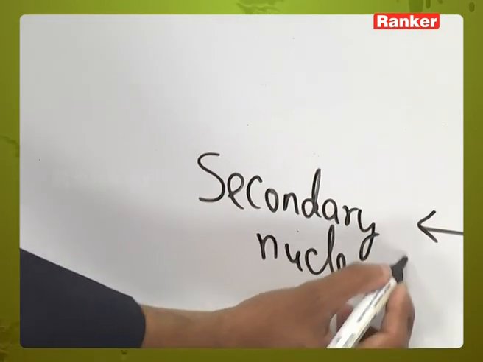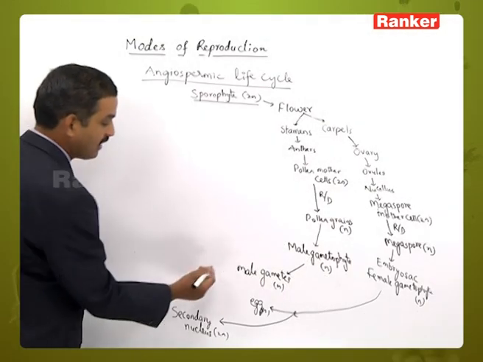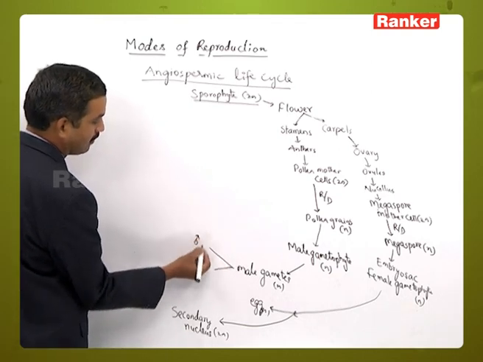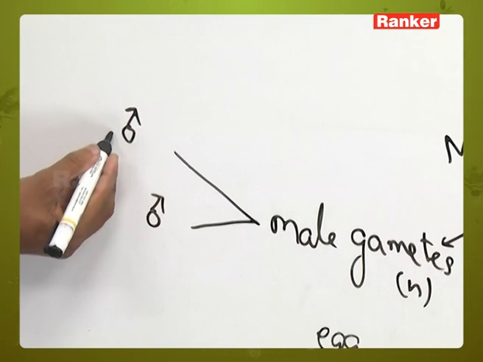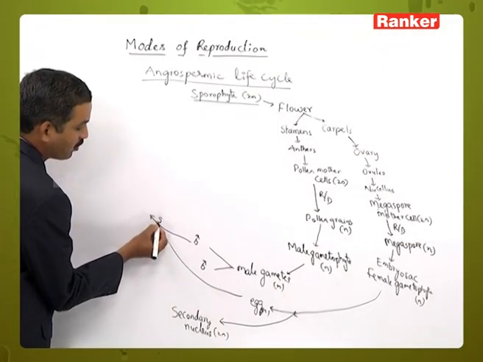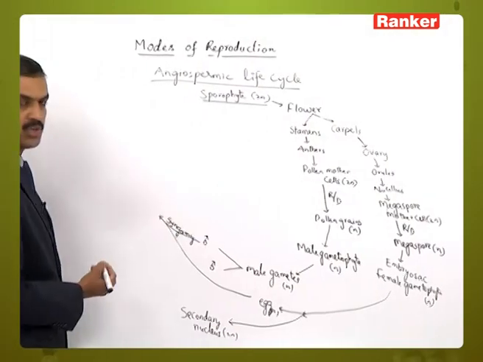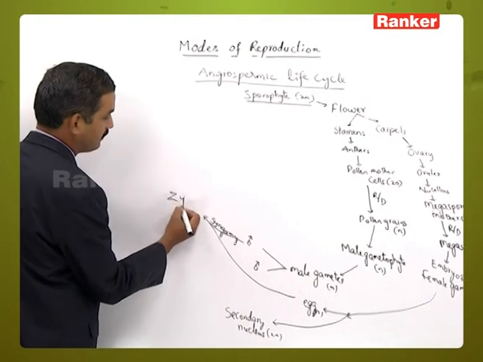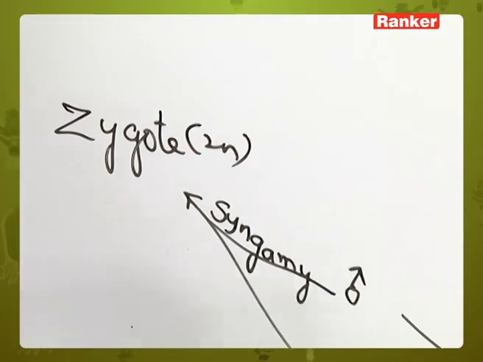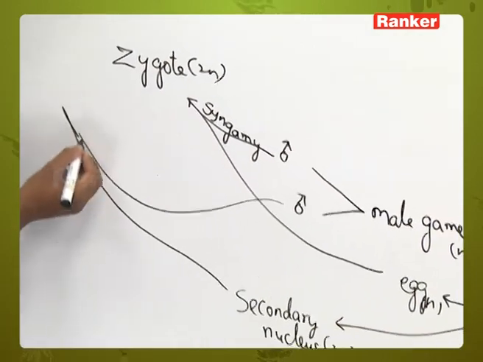This secondary nucleus is diploid in condition, and out of the two male gametes, one of the male gamete will fuse with the egg cell, and this process is called as syngamy or fertilization process, resulting into zygote, which is diploid in condition. Whereas the second male gamete will fuse with the secondary nucleus.